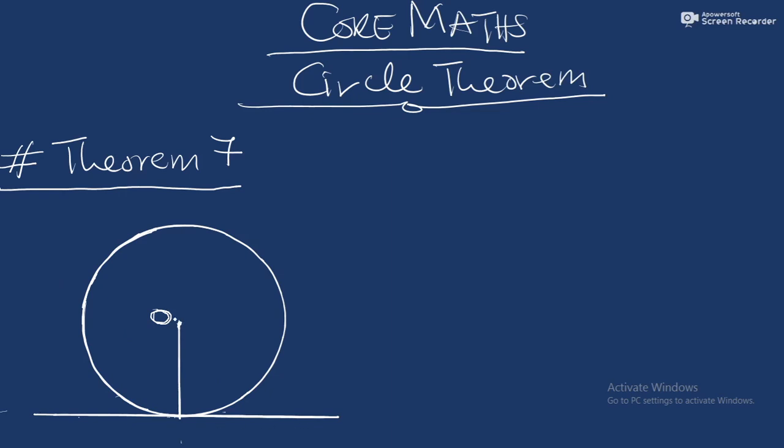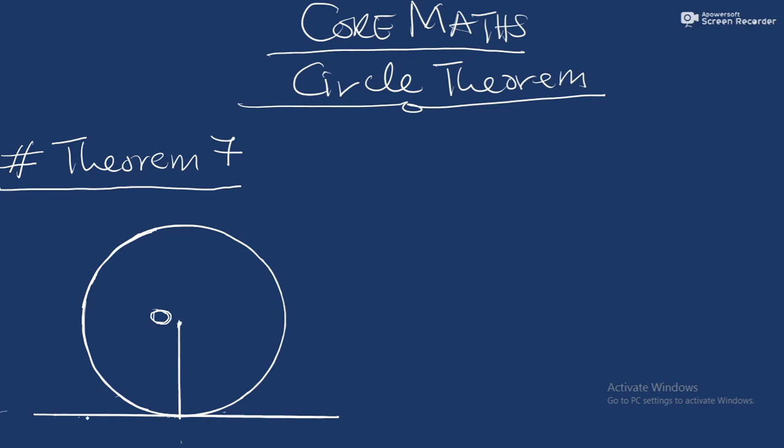What is the name of this line? If you said radius, you are right, because we defined earlier that any line from the center of the circle to the circumference is a radius. So this line is a radius.